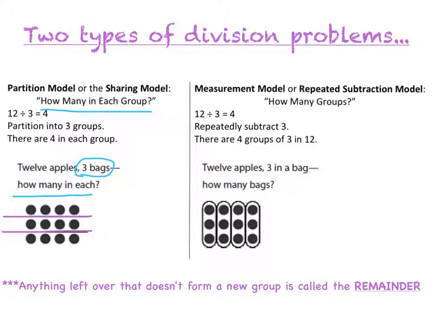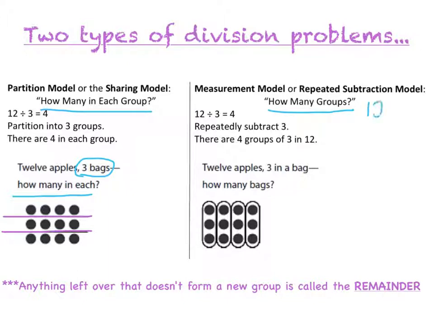Now, focusing on the measurement model, we are really asking how many groups are there. Let's take the same division problem of 12 divided by 3. We know that we want to repeatedly subtract 3, which is our divisor, from our dividend, which is 12.